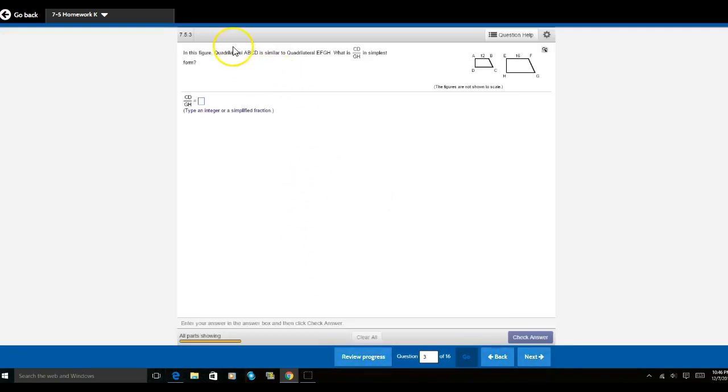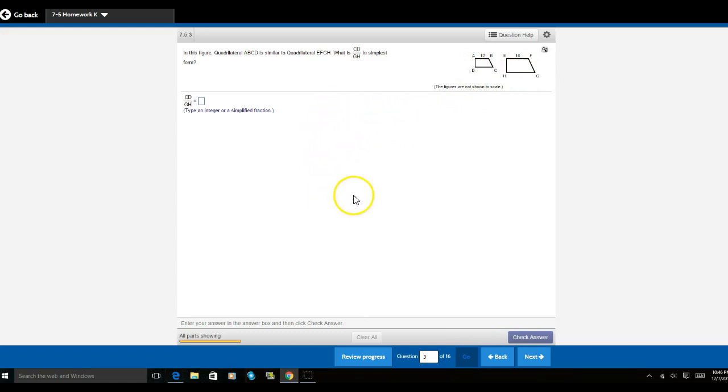Okay, in this figure, quadrilateral ABCD is similar to quadrilateral EFGH. So CD, they want us to put this in the simplest form.